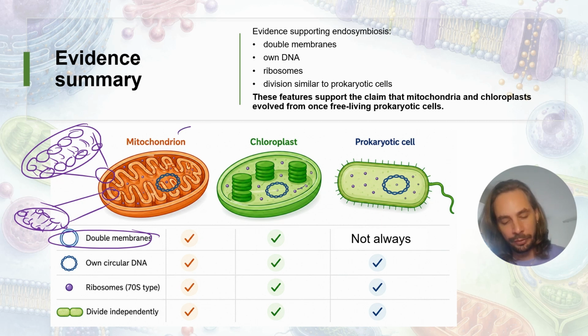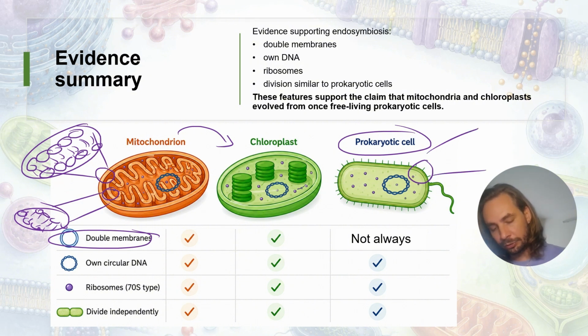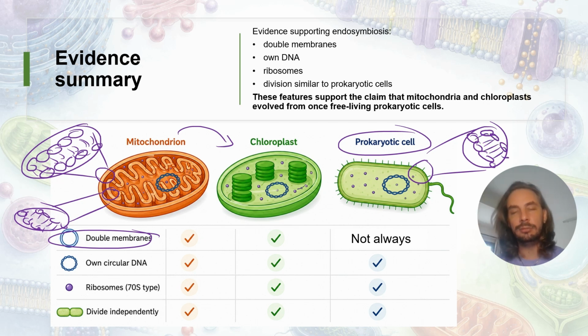This is true for both the mitochondria and the chloroplasts. Prokaryotic cells do not always have a double membrane. Yes, some do, but most only have a single phospholipid layer.